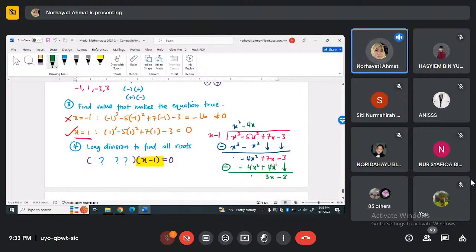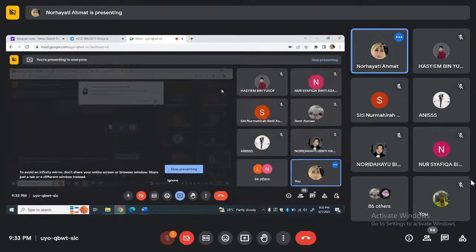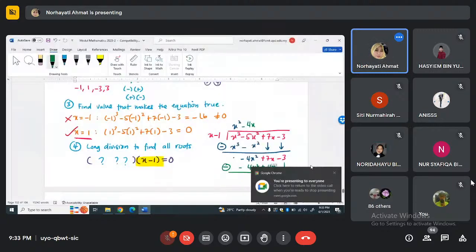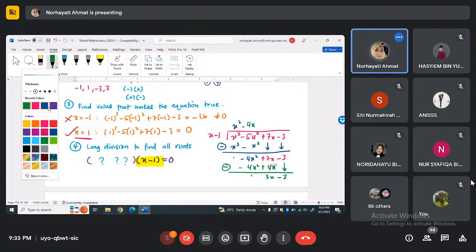Next, we have apa lagi? Okay. So kita ada 3x and x. So we need to multiply x with apa kelas? 3. 3, pandai.